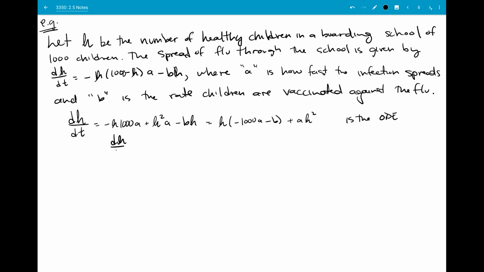Or dH/dt plus (1,000a plus b) times H is equal to a times H squared.